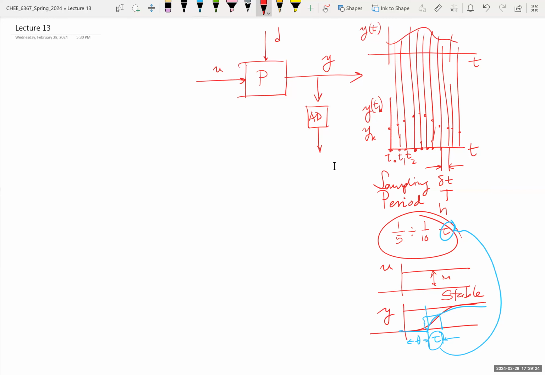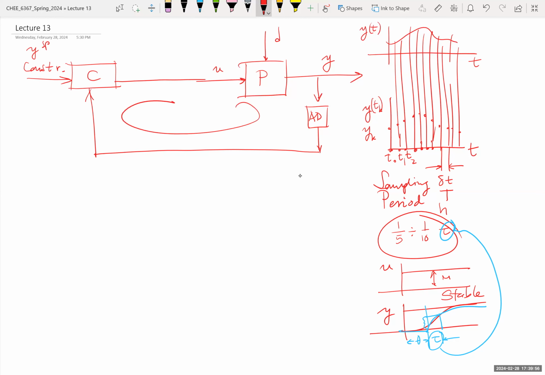The digital signal, then, may have some noise in the measurements, which is natural, and there are disturbances. This is sent to a discrete time controller, which needs to know set points, perhaps constraints, and produces an input to the process. That's what closes the feedback loop.